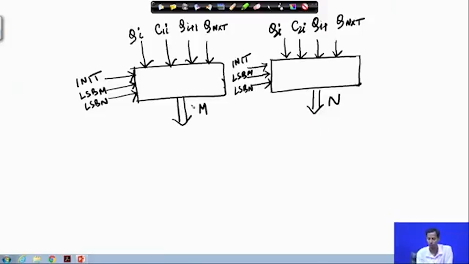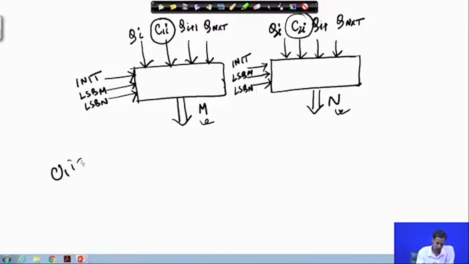This will produce m and this will produce n. So, I have implemented the corresponding operation table using this. Now, what I am left with is that I need two circuits for C1i and C2i.